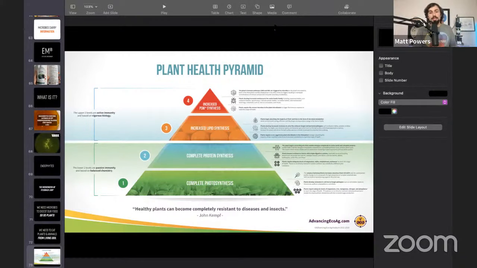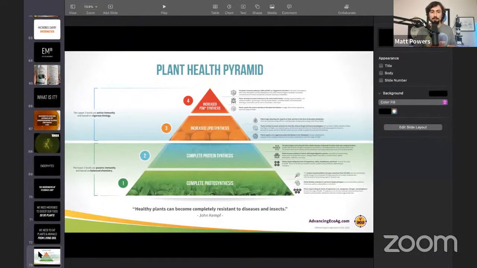This shows us that we need balanced chemistry, and then we need really particular vigorous biology. And then we have plant secondary metabolite synthesis increasing and expressing better taste, better smell, better looking colors. And then there's more the lipid synthesis, so there's more oils and fats. And this is all driven by microbiology.